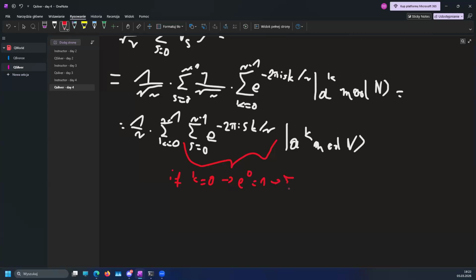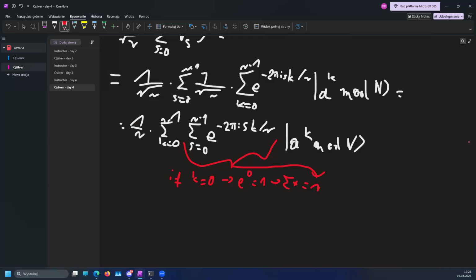Then this summation will be equal to r, because here we have r ones from s equal to 0 to r minus 1. There are r elements, and each of those elements is equal to 1. So this summation is equal to r if k is equal to 0, and if k is not equal to 0, this whole summation is equal to 0.